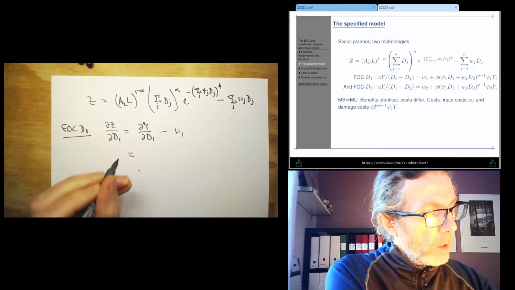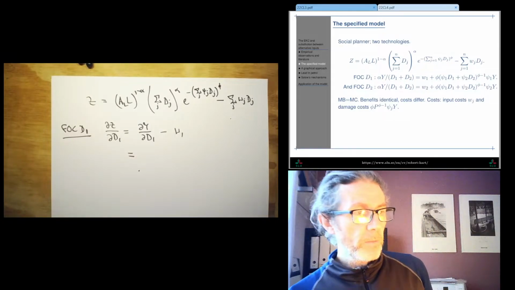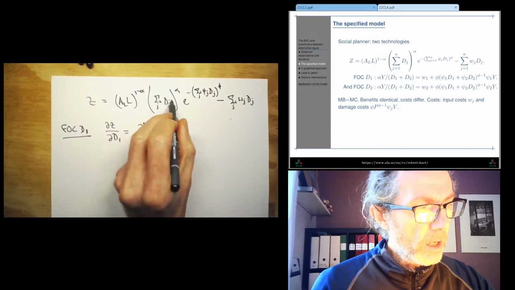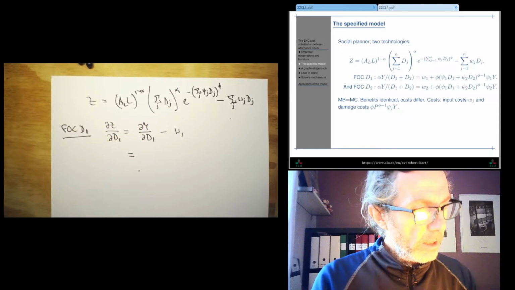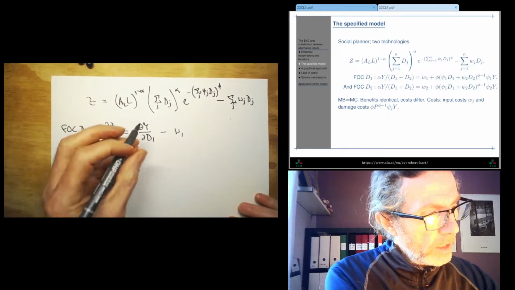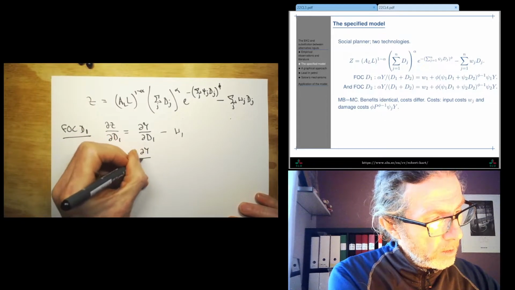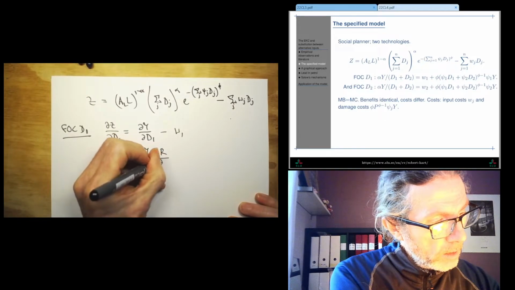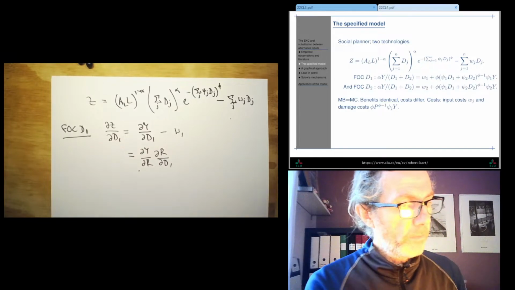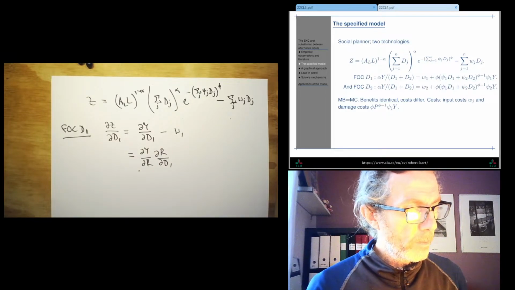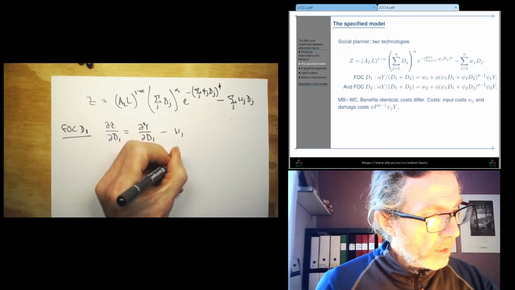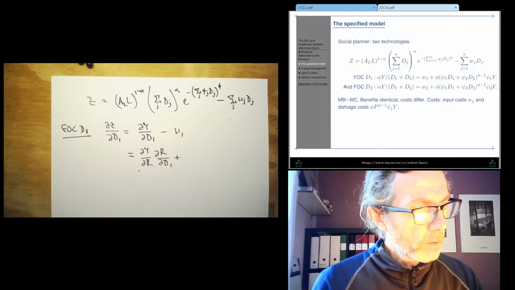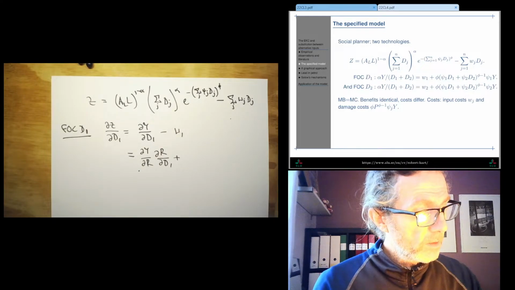And what is dy dd1? So remember this is R to the alpha. So dy dd1 is dy dr dr dd1. Okay, that's the chain rule. Plus the differential with respect to this.